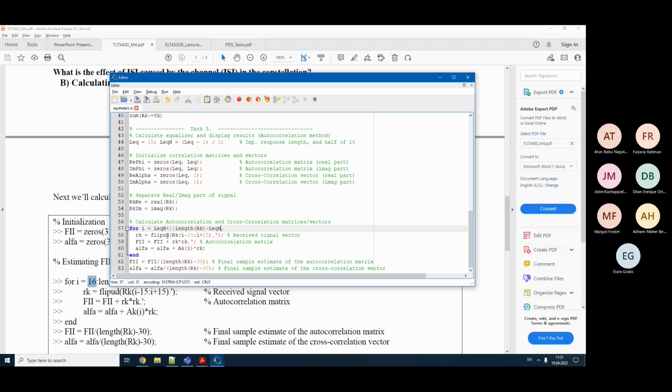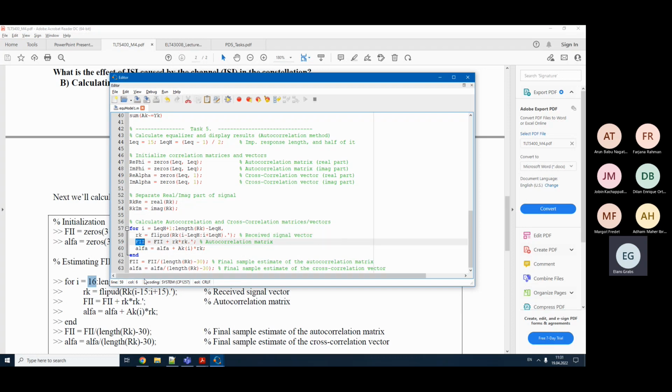Next, this is our RK, which is a complex number. Again, here as LEQ half, LEQ half, right? So this is some raw correlation matrix.